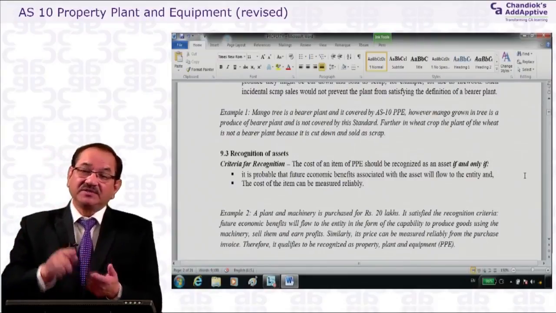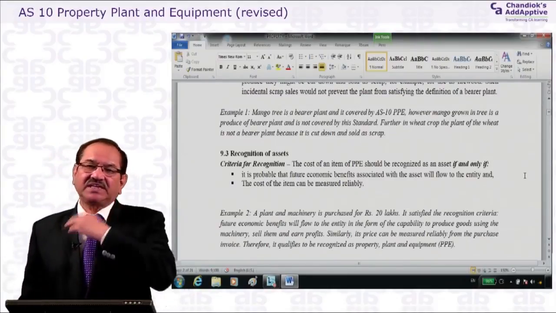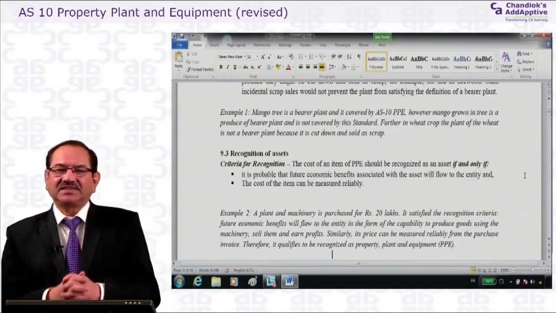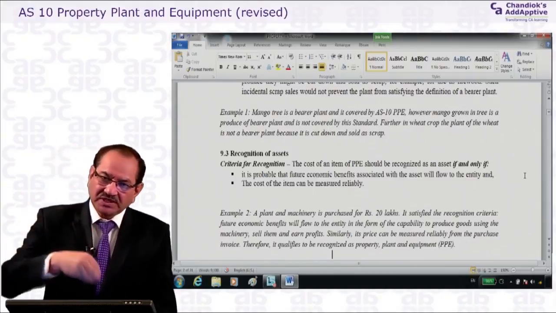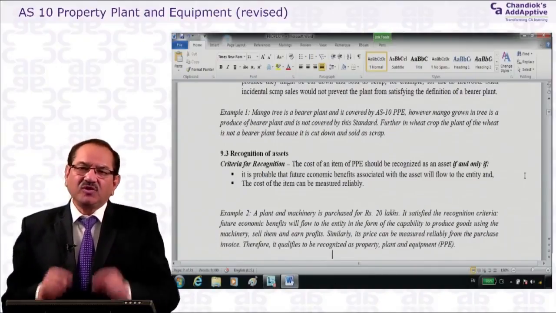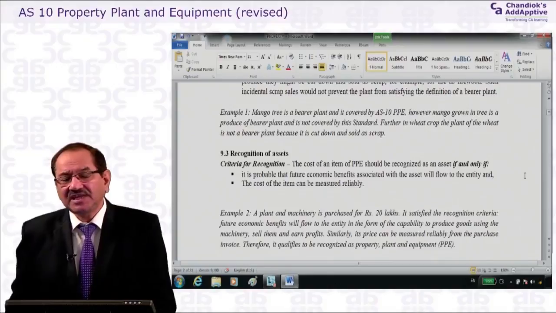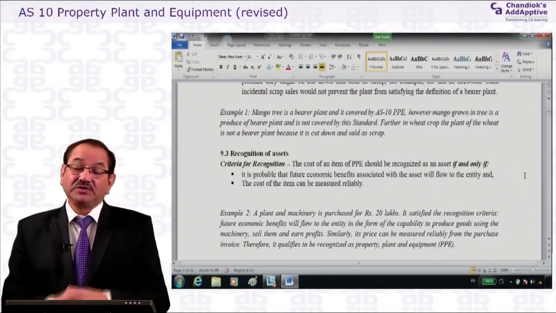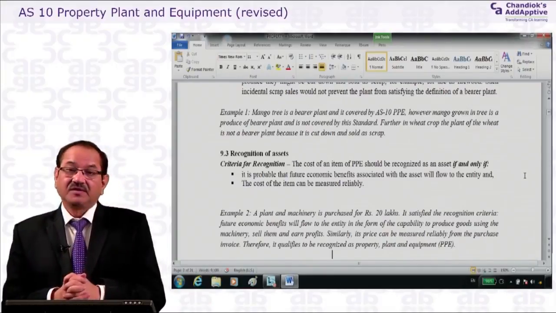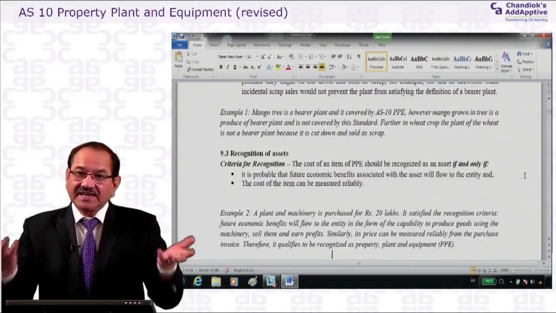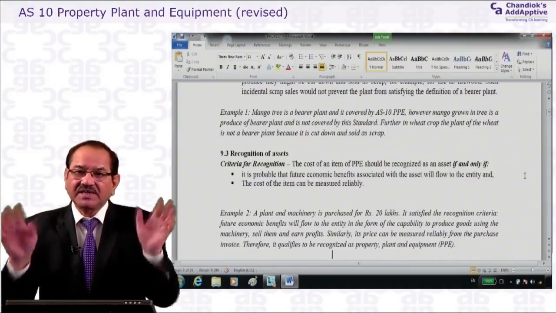Suppose the first condition is satisfied. There is a future benefit from that asset, and that benefit comes to the company. It's probable. But when you go to the second condition, they say, sir, I don't know what the cost of this is, and I can't calculate it with a reasonable figure on which I can rely. No reliable figure can be calculated.